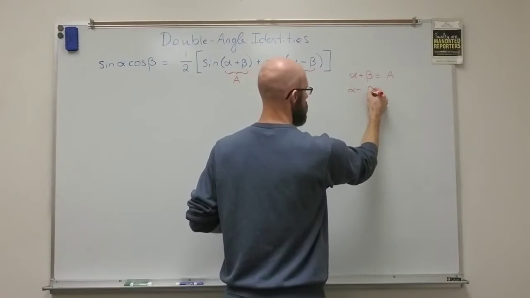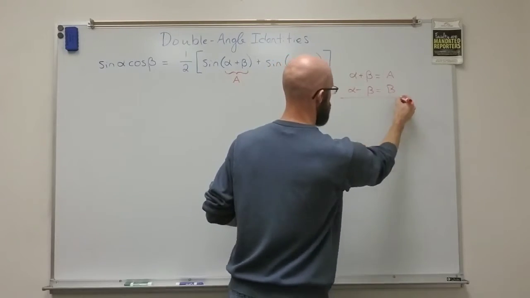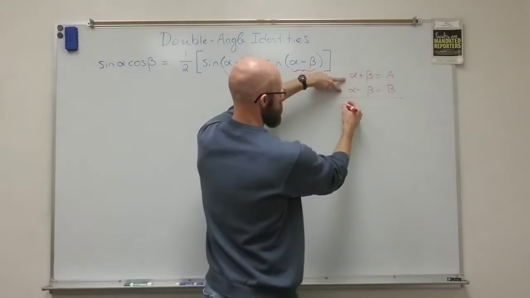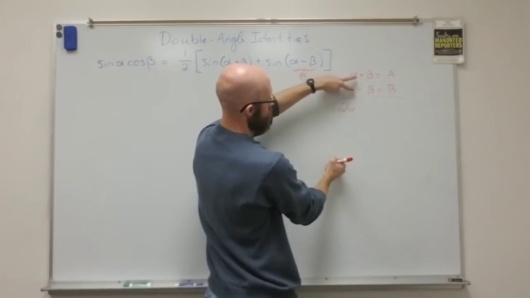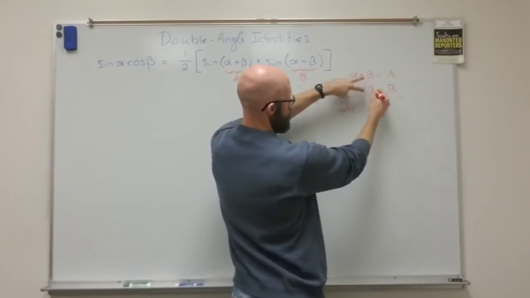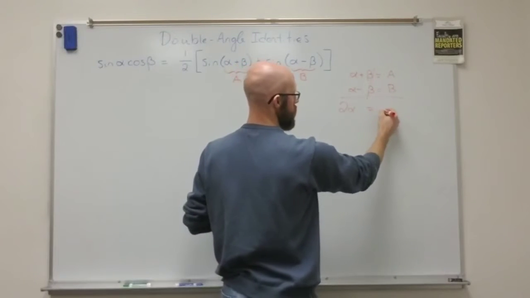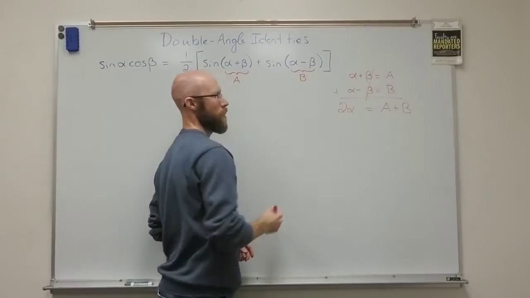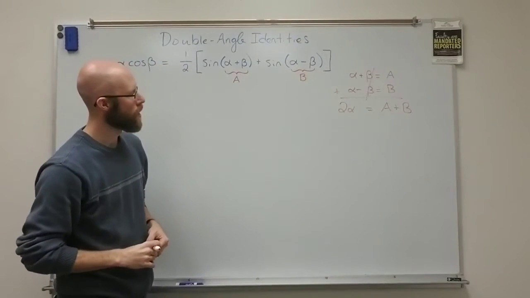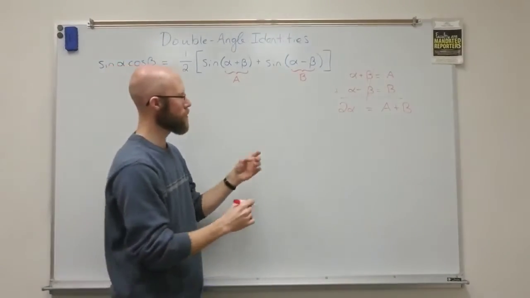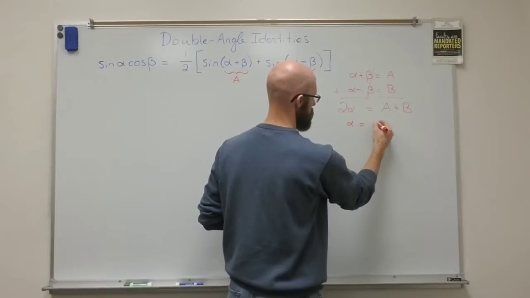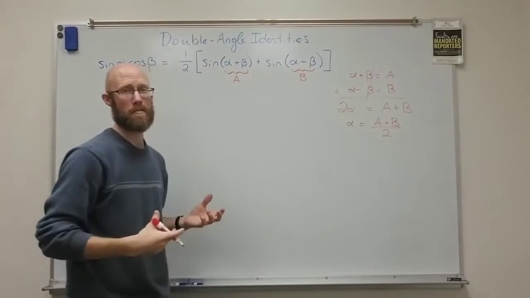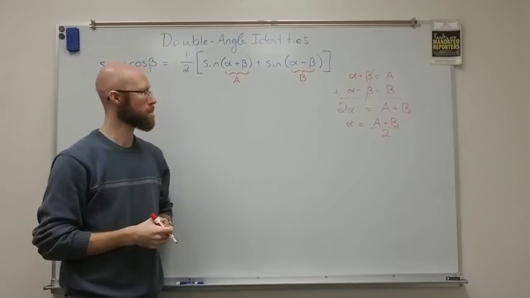If I add them term by term, that gives me 2 alpha, alpha plus alpha. Beta minus beta is 0, those drop off, and that equals A plus B. That's the sum of the 2 equations. And that means that alpha must equal A plus B over 2. It ends up being the average of A and B.